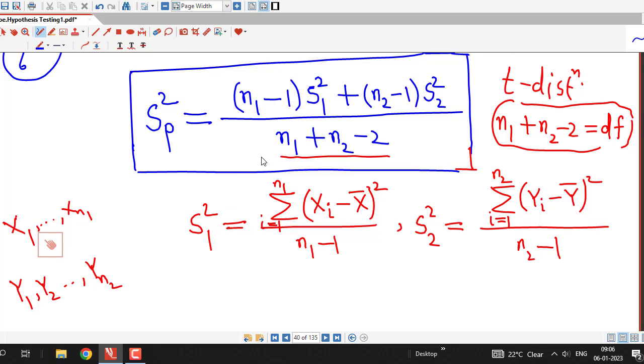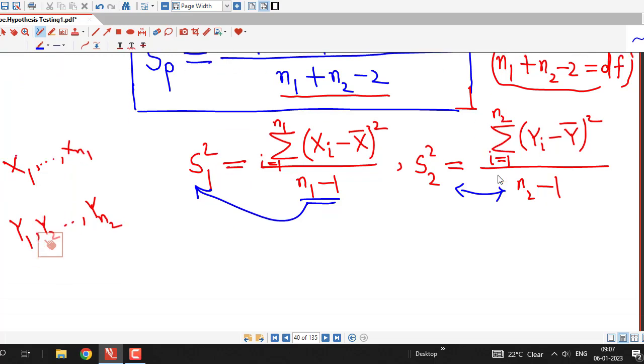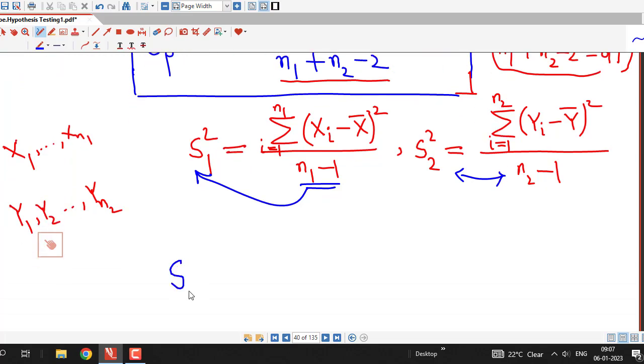So if you can see here, I have s1 square into n1 minus 1. If I consider this quantity on the left hand side, then I can replace this n1 minus 1 into s1 square by this summation of xi minus x bar whole square. Same thing here, we have n2 minus 1 into s2 square, that we can replace by the sum of yi minus y bar whole square. So you can write your pooled variance in this form also.